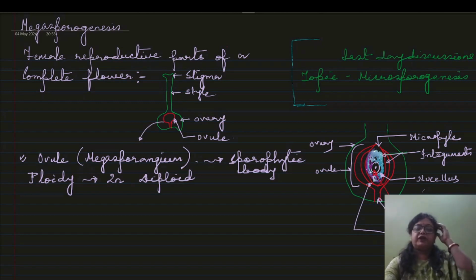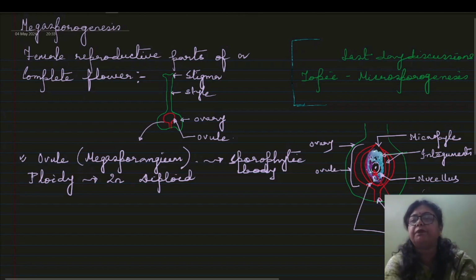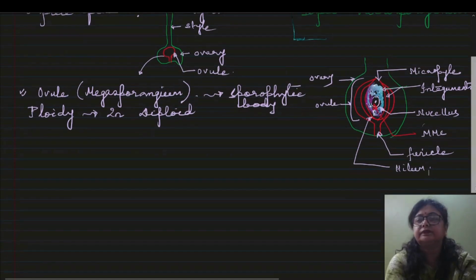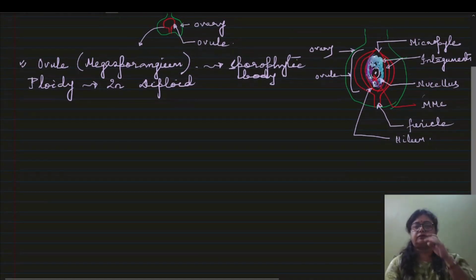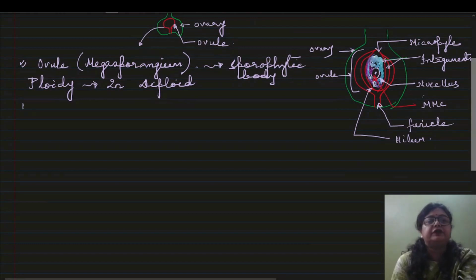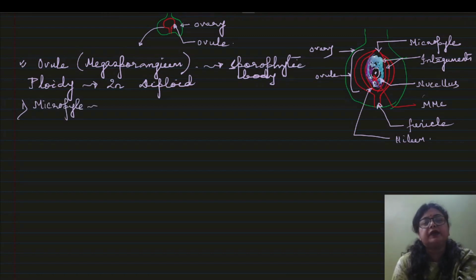So when you are asked the different parts of the megasporangium, what will you write? First, the micropyle. What is the micropyle?